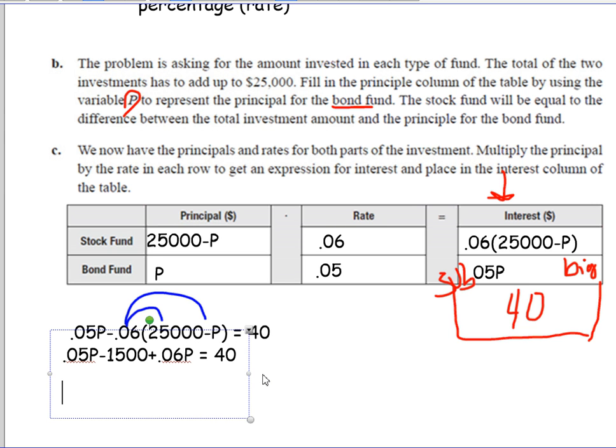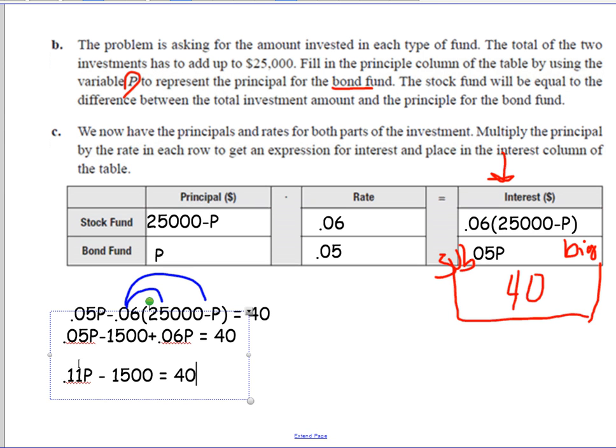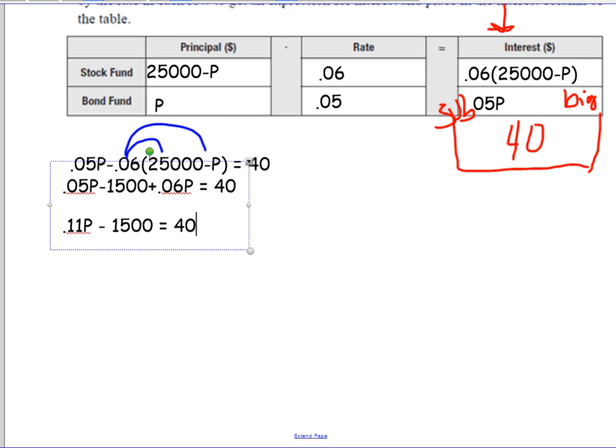And then we can combine like terms. We have a 0.05P and a 0.06P, so 5 cents and 6 cents would be 11 cents. And again, it's not really money, but it just helps me add better. The 0.11P minus the 1,500 equals the $40 difference. So now to continue to solve it, we will add the $1,500 to both sides.